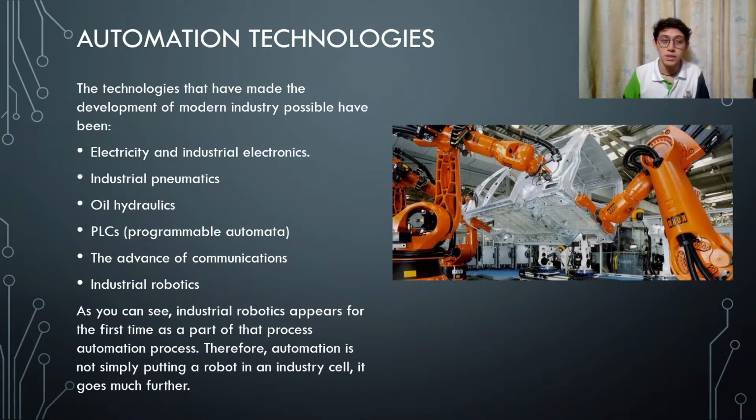We can use a PLC, a programmable automaton, to make your production line, which has machines like robotic arms, like we can see in this picture. All these movements, all these things that they do, are programmed in a PLC that we program.